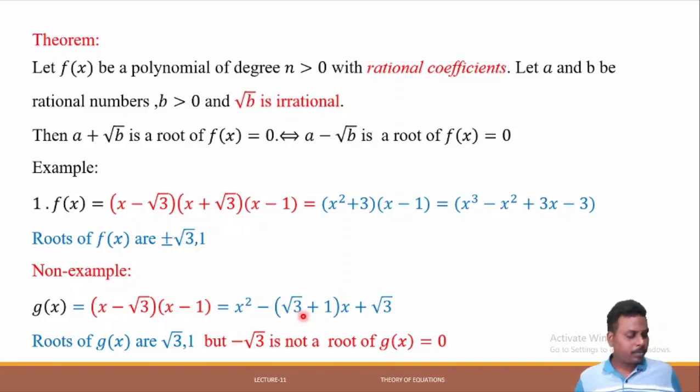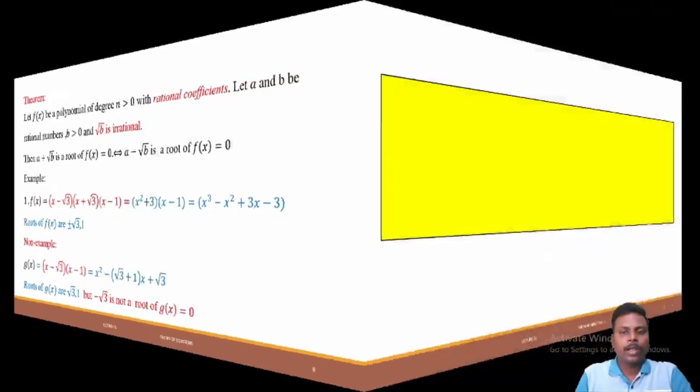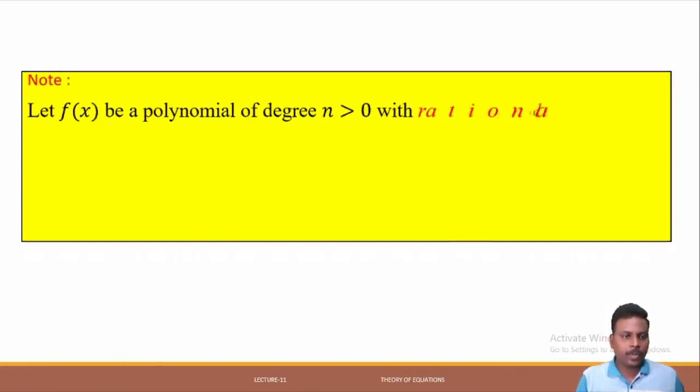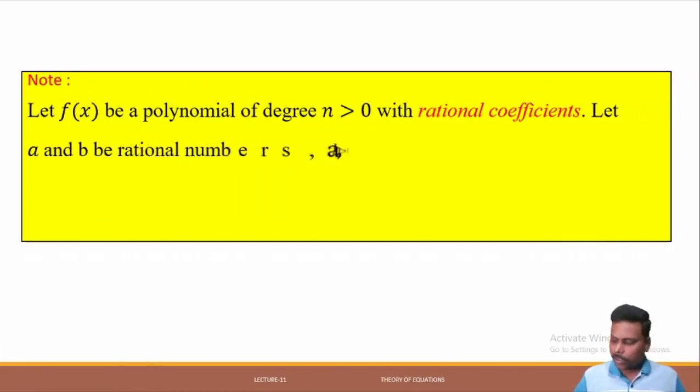Okay. We are not getting into the proof of this theorem. In the next slide, I will be discussing a similar result. Now, let me discuss that result here. Here is the statement of the result.